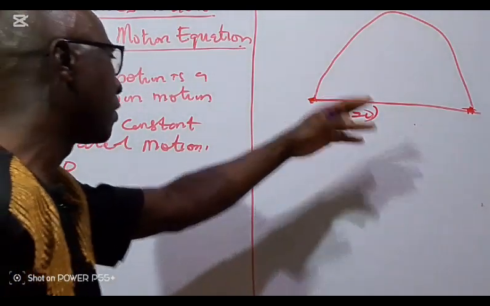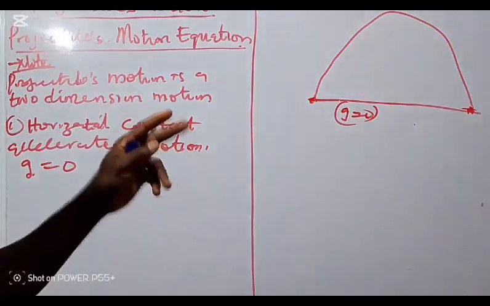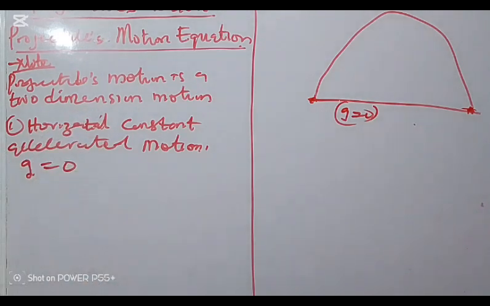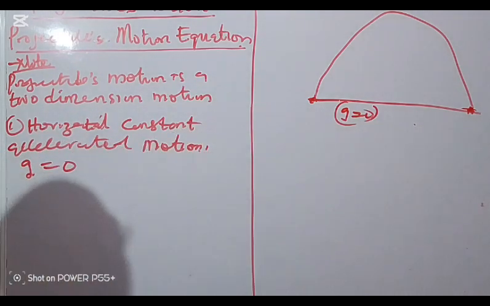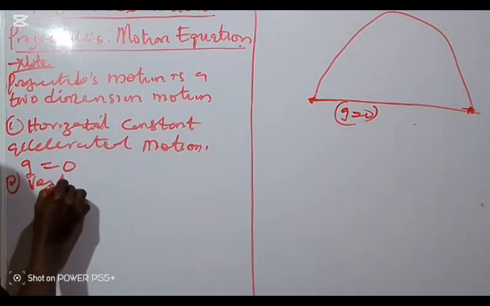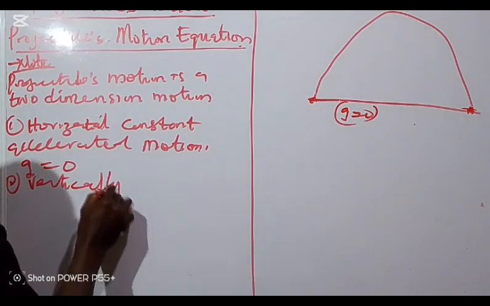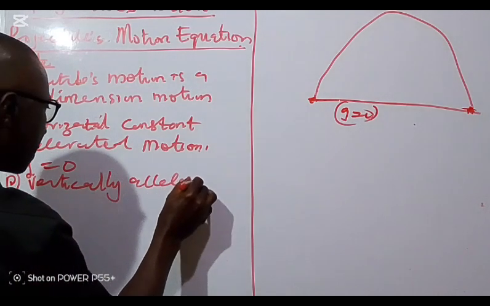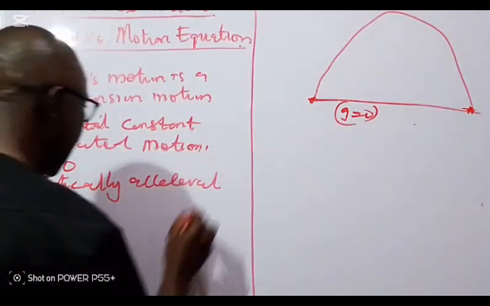The fact that g is equal to 0 is why the horizontal motion of a projectile is always constant. Number 2, vertically accelerated motion.